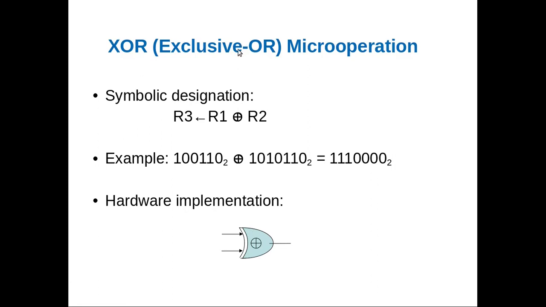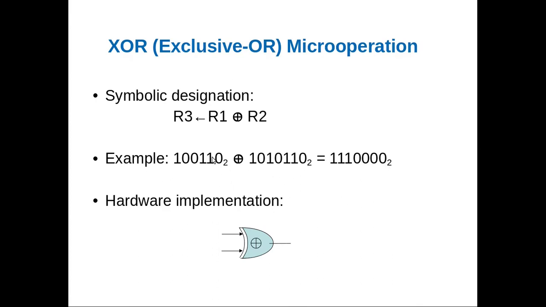And another microoperation is the XOR microoperation, or exclusive OR microoperation. Symbolic designation is R3 gives R1 plus R2. Example, this one. In this case, if the two bits are the same, then 0 will be output.